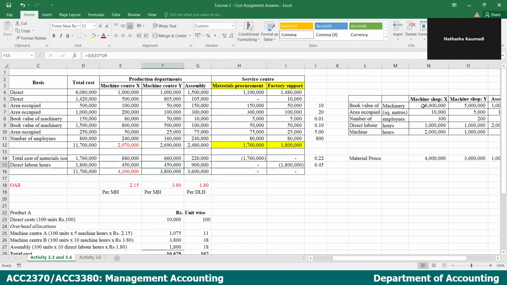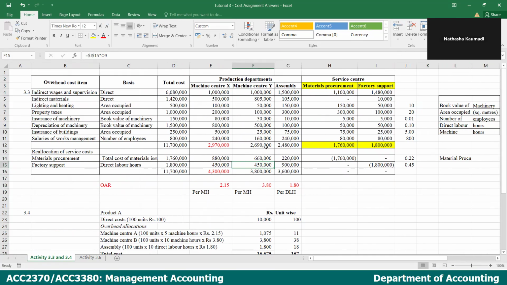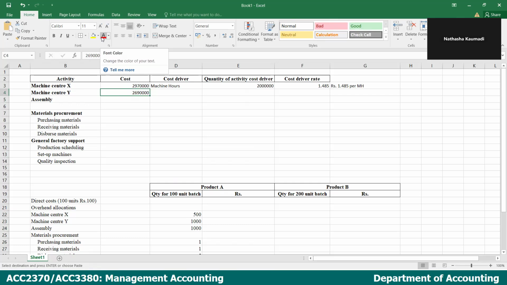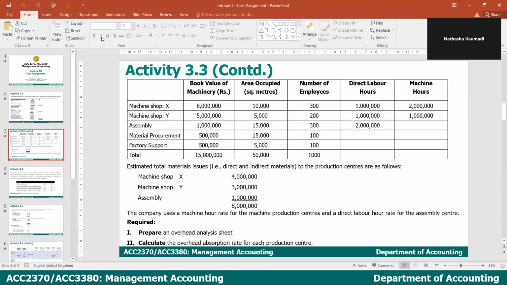What about machine center Y? Are you taking 2.69 million or are you taking 3.8 million? You are taking 2.69 million. You write it here. What is the cost driver? We checked it previously. It should be machine hours. And then what is the quantity? Quantity 1 million. 1 million machine hours.